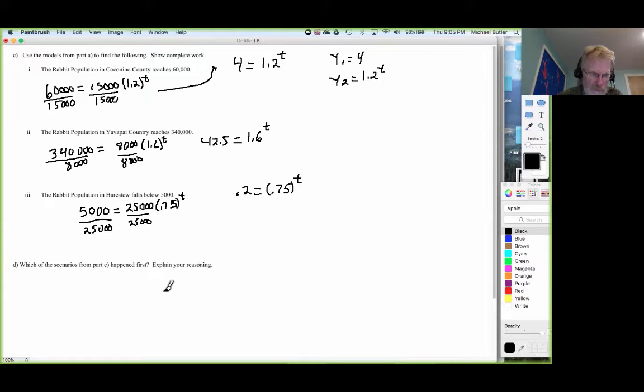So which of the following scenarios in part C happened first? Explain your reasoning. So all they're asking you for here is which of these t is the smallest. So in other words, which population got to the value they were asking you for first?